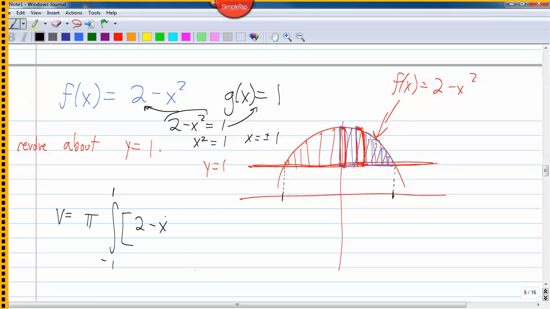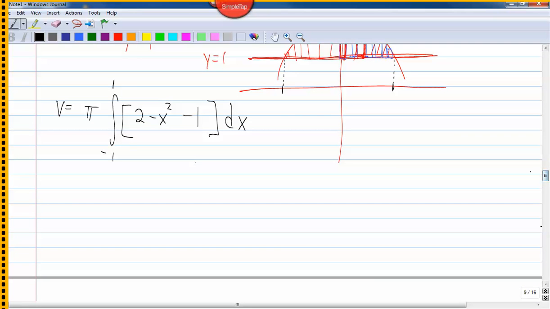So that's 2 minus x squared minus 1. This is a horizontal axis of revolution, so we want dx. 2 minus x squared minus 1 is 1 minus x squared.